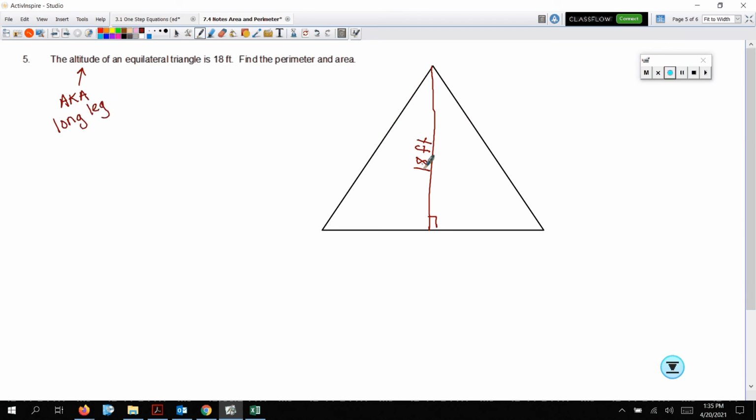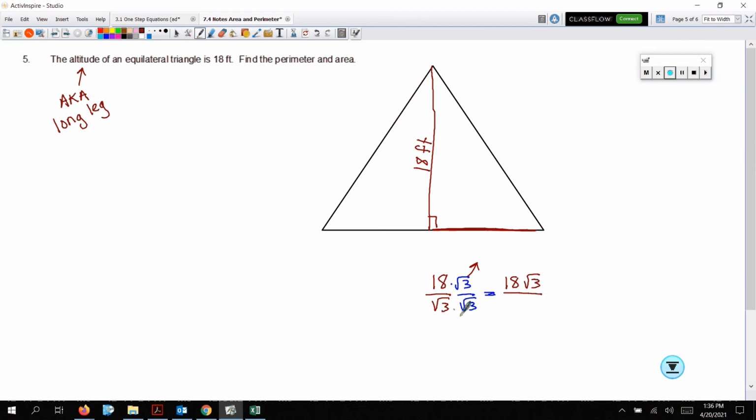Okay, so to go from the long leg to the short leg, we need to divide by radical 3. So 18 divided by radical 3, you know we can't have radicals in the denominator, so we need to multiply by radical 3 over radical 3. And then on the top I get 18 radical 3 over 3.